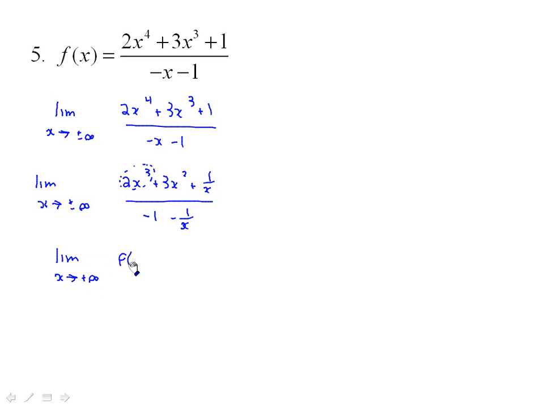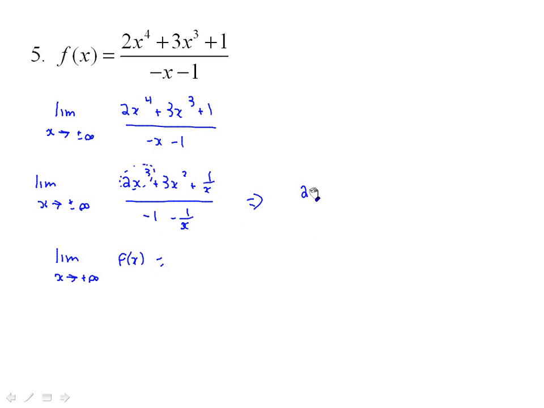This function, 2x cubed. Now watch what's happening with this one though, because as x gets bigger and bigger and bigger, 2 times x to the 3 is going to be equal to an increasing number. However, we're dividing by negative 1, so you might even want to indicate that there.